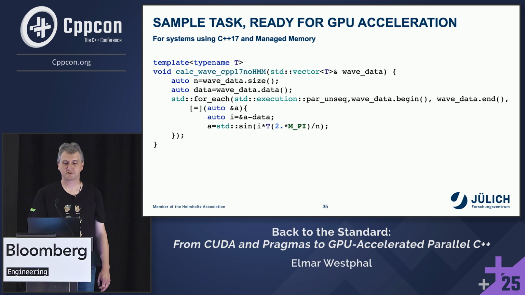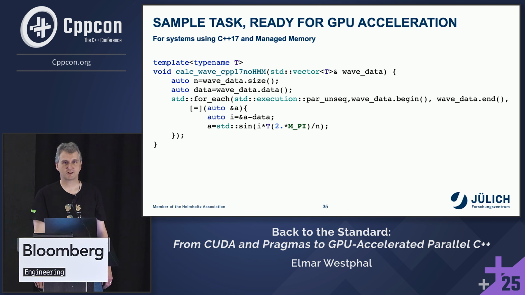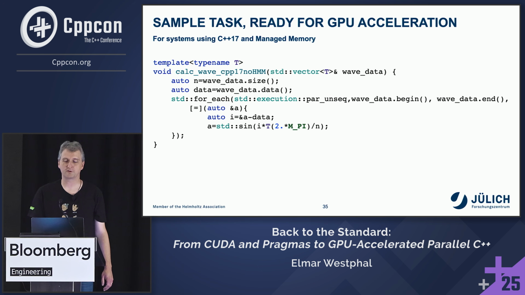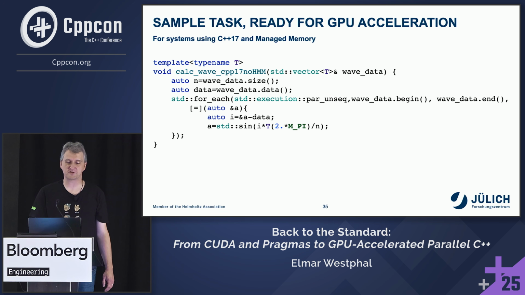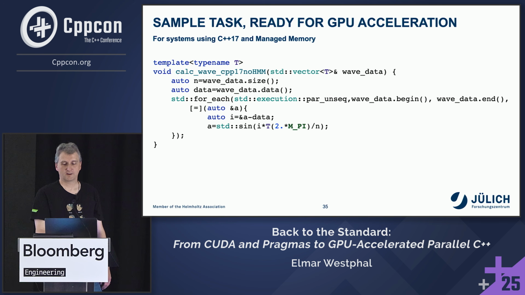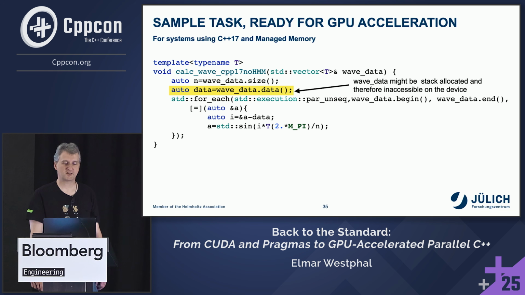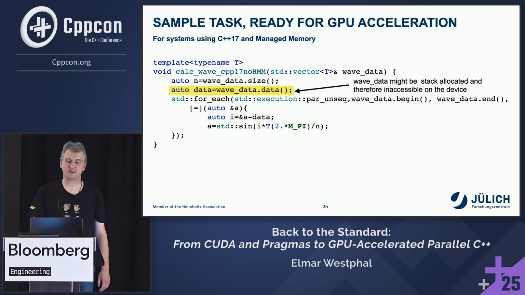If we have a system that does not support HMM and does not support C++20 yet, which seems to be the case for the AMD-based solution, at least I could not get it to compile, or I could get it to compile but not get it to run with C++20, we have to do a little bit more work, as the reference to the vector that we use may come from the stack, which is not accessible by the device.